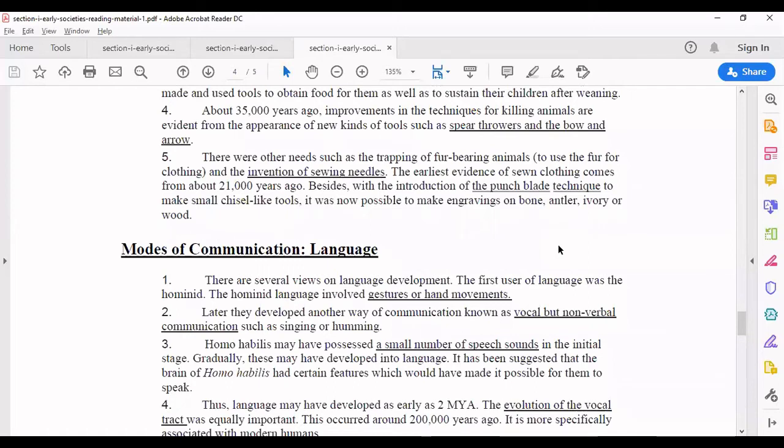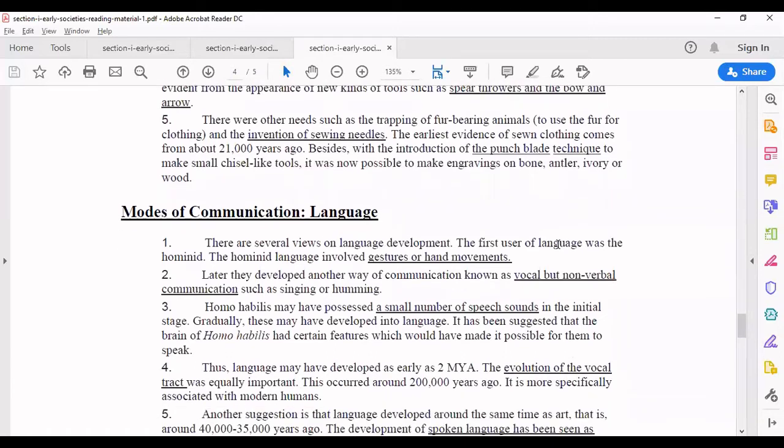And also 35,000 years ago, improvement in the techniques of killing animals are evident, and we can see new kinds of tools like spear throwers, swords, and bow and arrow. There were also other needs of hunting besides eating. So they wanted to track the fur-bearing animals so that they can use the fur for clothing.